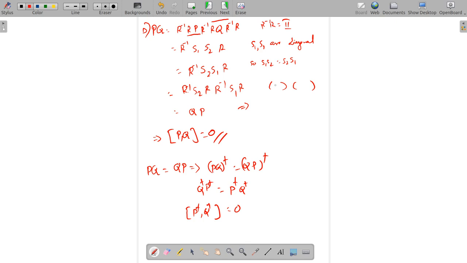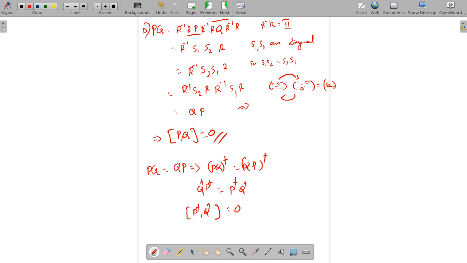If you take two diagonal matrices, whether you interchange them or not, your answer is the same. It does not matter whether you multiply this way or that way, since you basically multiply the diagonal entries only. There is nothing non-trivial in that, so you can interchange them. Now you put back your R inverse, so this will be Q and this will be P, and that means PQ equals QP.